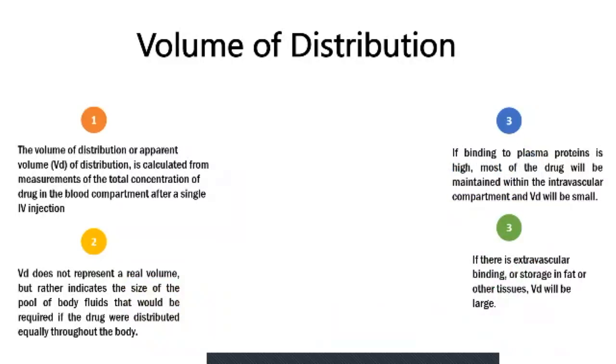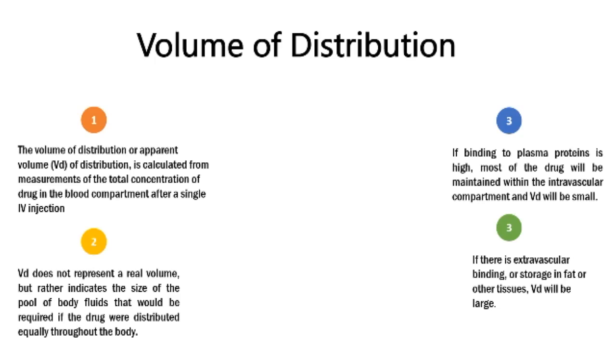Volume of distribution, or apparent volume of distribution, is calculated from measurements of the total concentration of drug in the blood compartment after a single IV injection, just as was explained in the video a while ago. VD does not represent a real volume, but rather indicates the size of the pool of body fluids that would be required if the drug were distributed equally throughout the body.